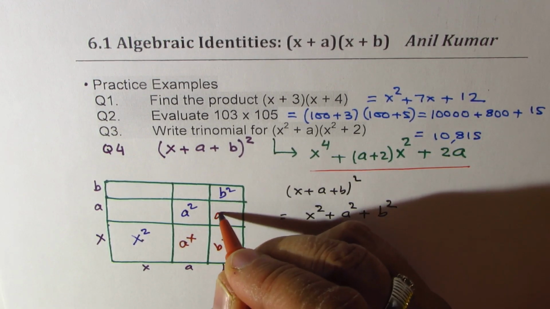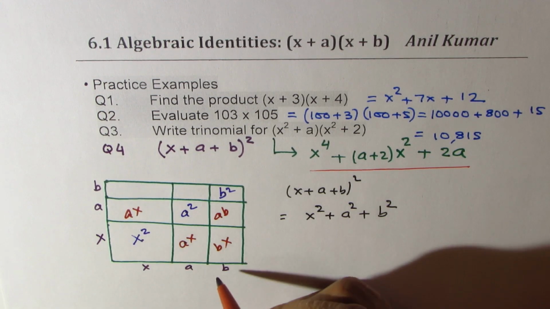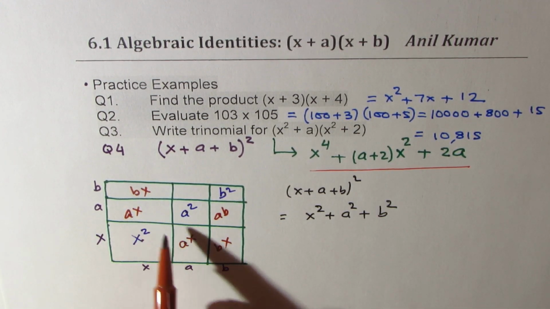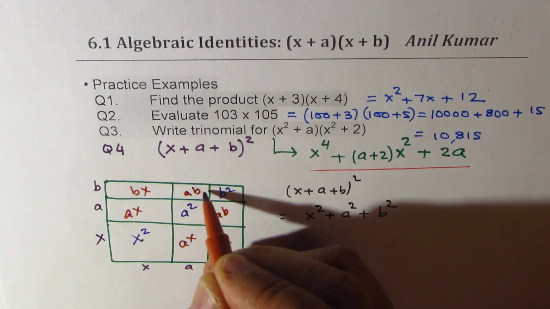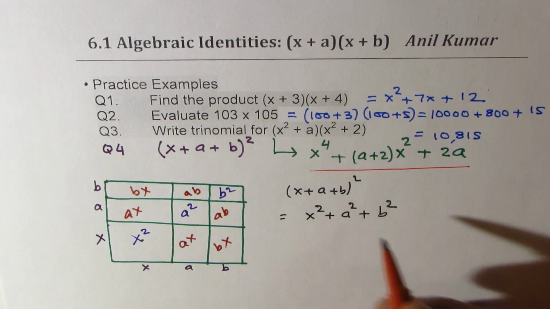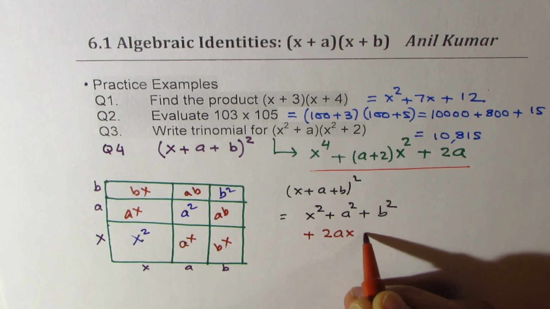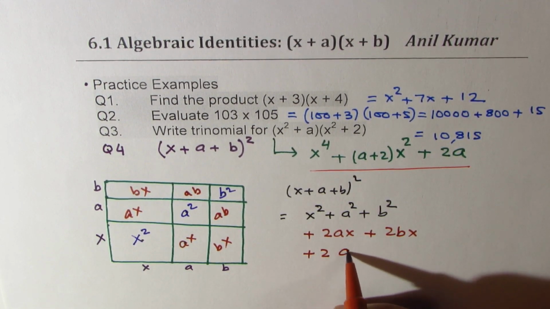This is a times b. This is also ax. And this is bx. So we have 2ax, do you see that? And 2bx, right? And we also have 2ab. So after this, we get plus 2ax plus 2bx plus 2ab.